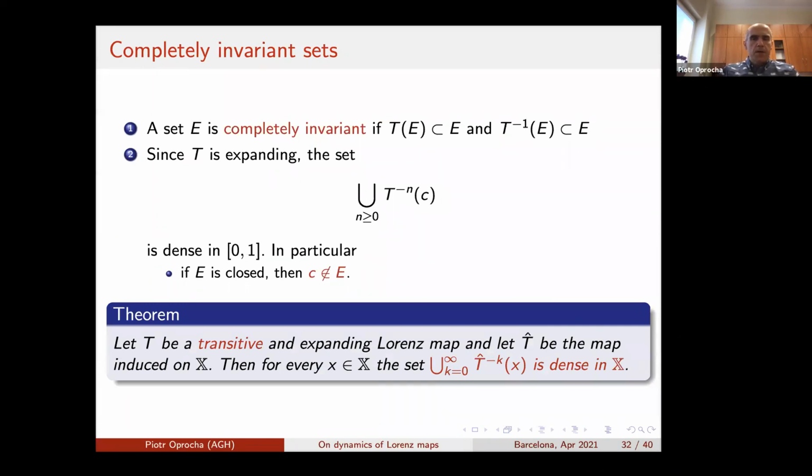And now we slowly come to the part of research that we were doing together with Łukasz. This is a more recent part, and it's related to something that in the literature is called completely invariant. So I have my Lorenz map, and then I look for a set that is forward and backward invariant.